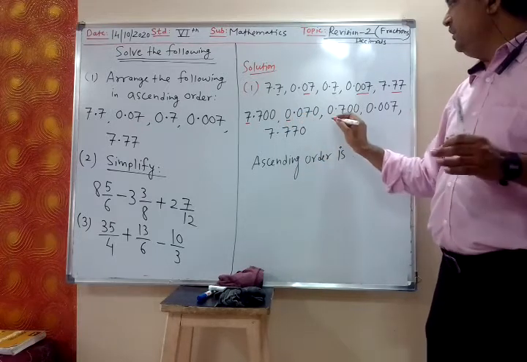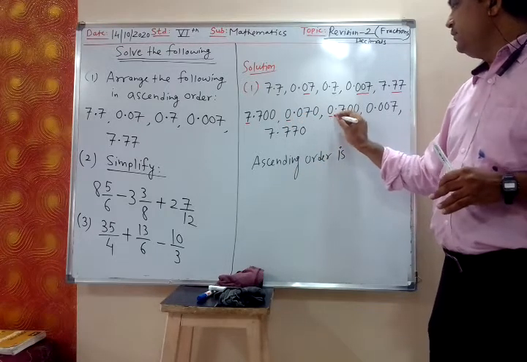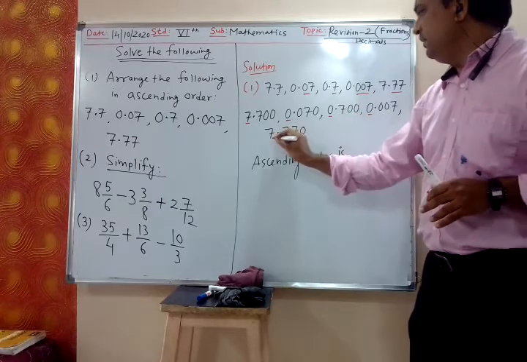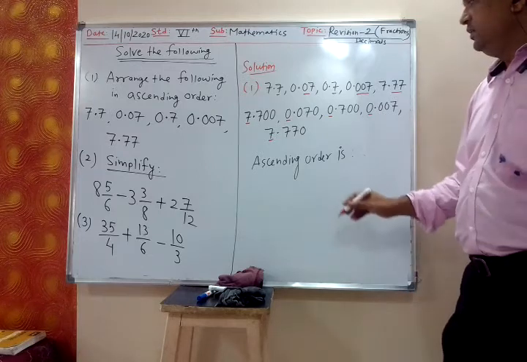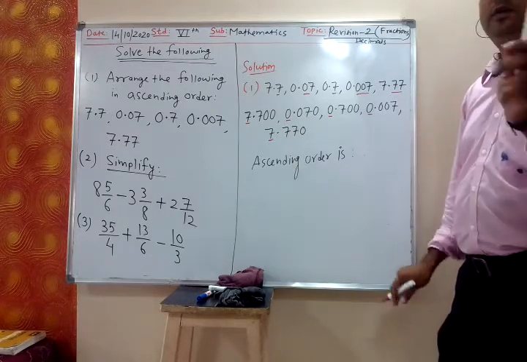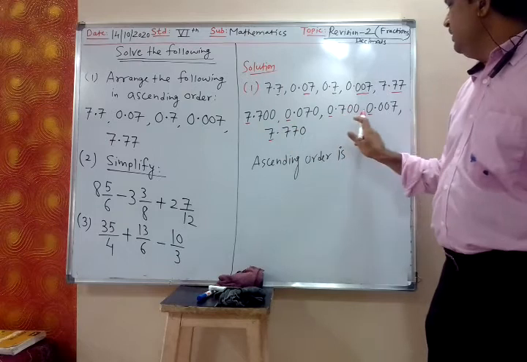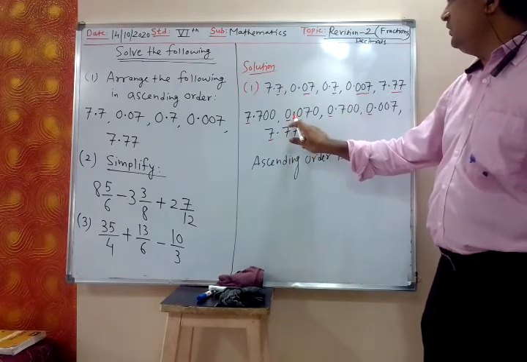So first I have to select the smaller numbers. Ascending order means smaller to bigger. So 7 is bigger, and I will focus on these three.